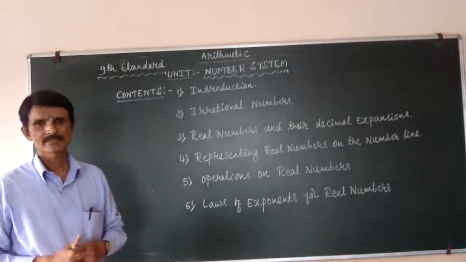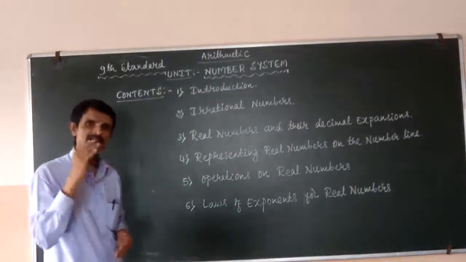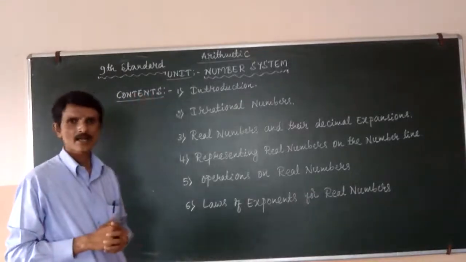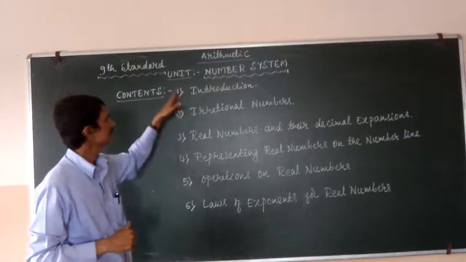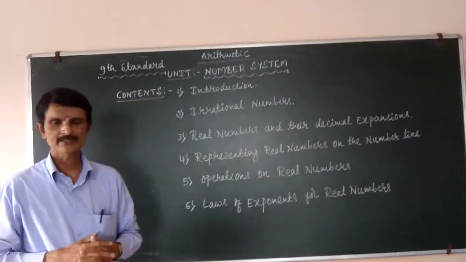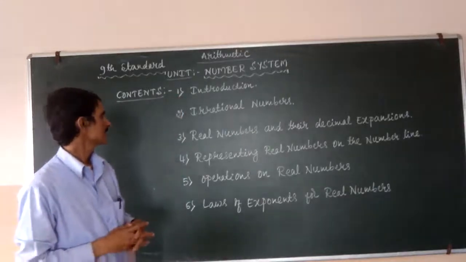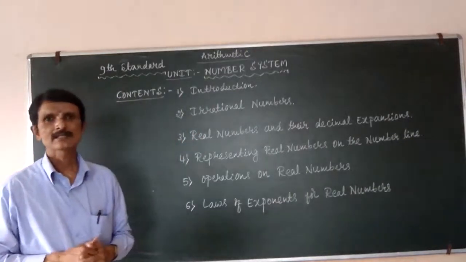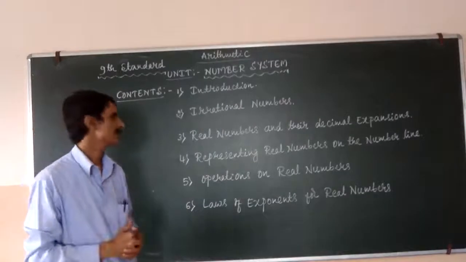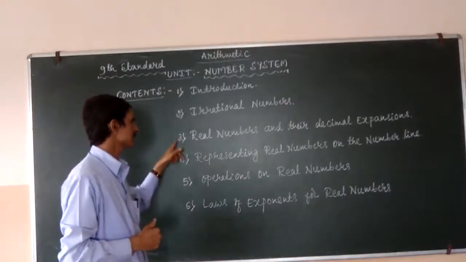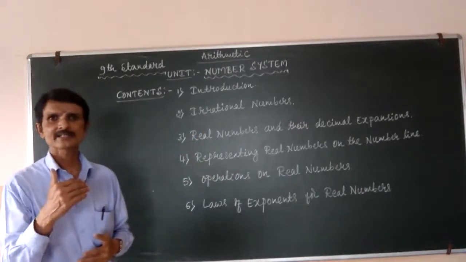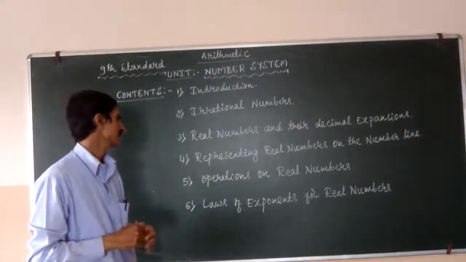In this number system chapter, the contents we are going to study are: first, introduction to the chapter. Second, we will learn about irrational numbers. Third, real numbers and their decimal expansions.